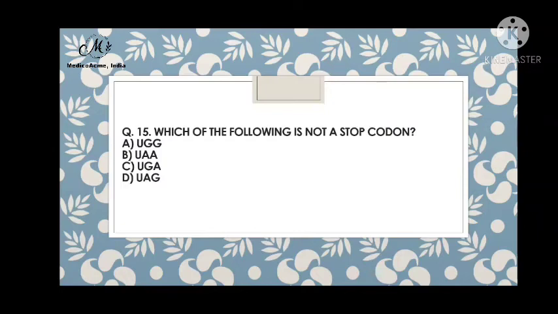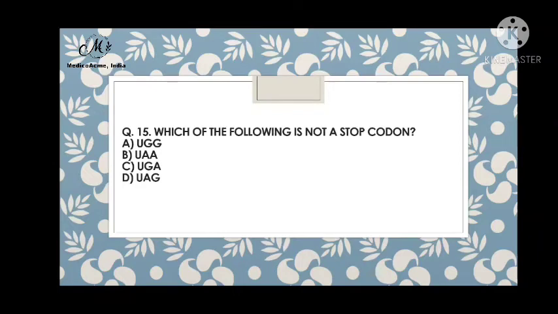Option A has GG, ignoring U. GG means Gupta, Gupta. This is a simple trick I am telling about. B is AA. AA is in my name, Ashish. And C is UGA. Again you ignore U, and GA means Gupta Ashish. D has UAG, Ashish Gupta.